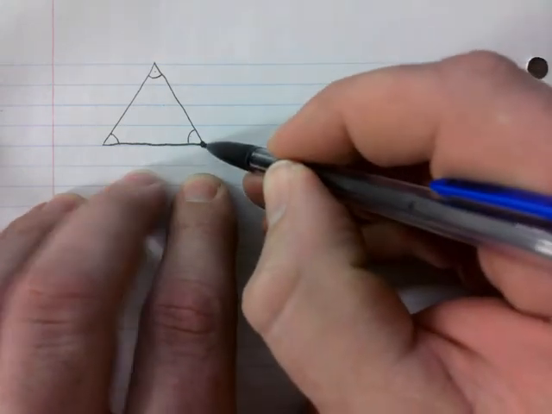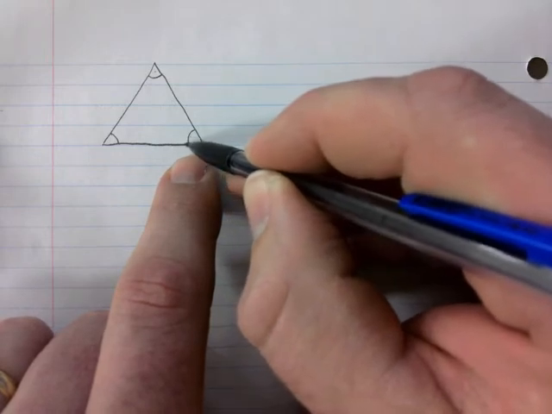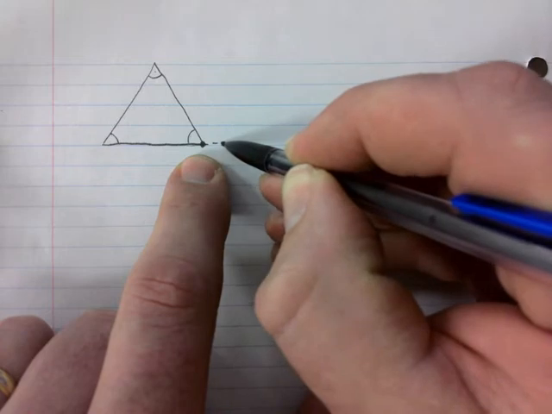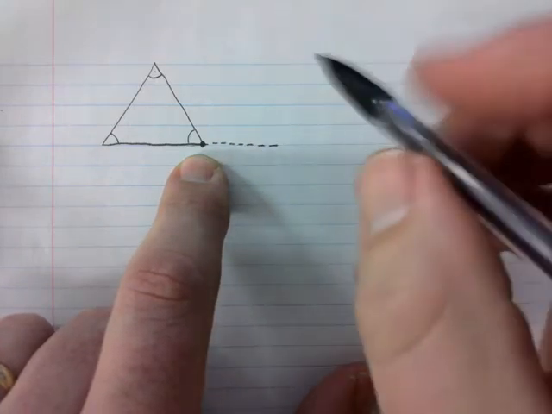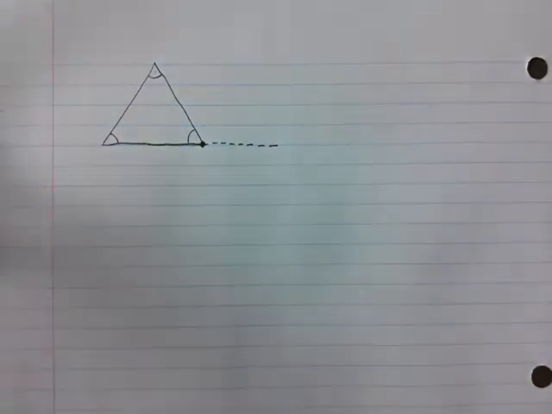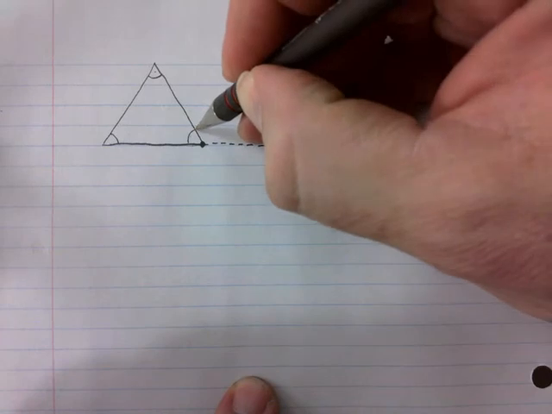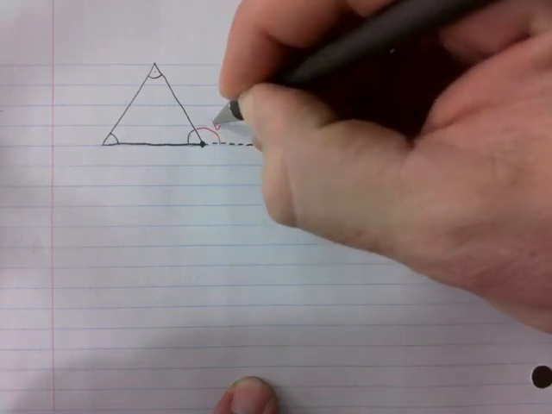So you go to any corner and just extend one of the sides. So for example, I will travel along the bottom, and as soon as I hit the corner, I will go dash. I'll make a dashed line out like this. And this angle right here that is formed between the side of the triangle and that extension, that is called the exterior angle.